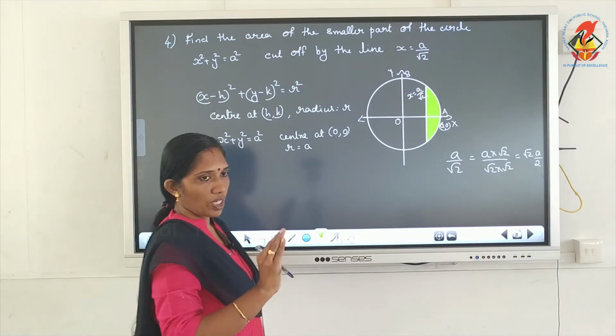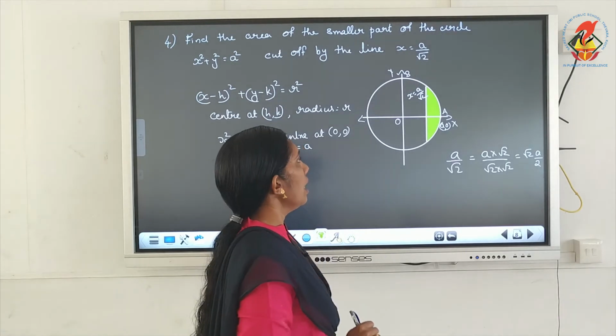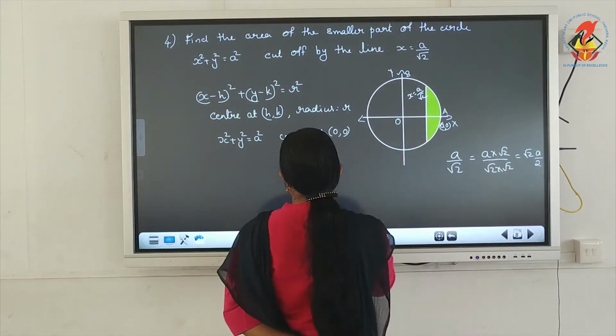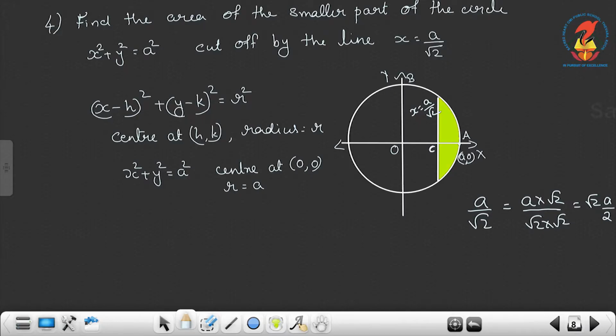So we can take the required area as 2 times the area above the x-axis. Now from where to where? Let this point be C. What about C, its x coordinate? Since the line is x is equal to a by root 2, it is (a by root 2, 0), isn't it?